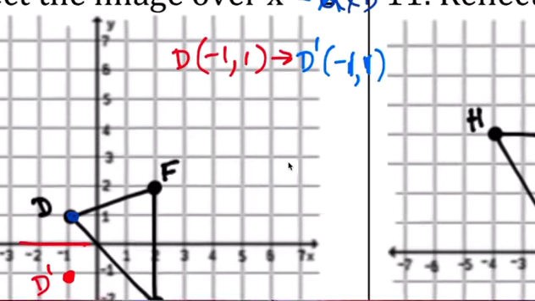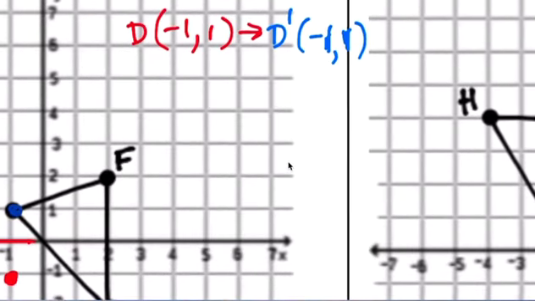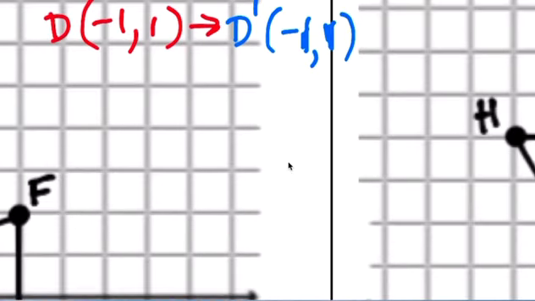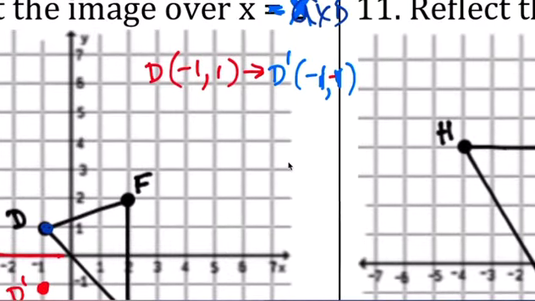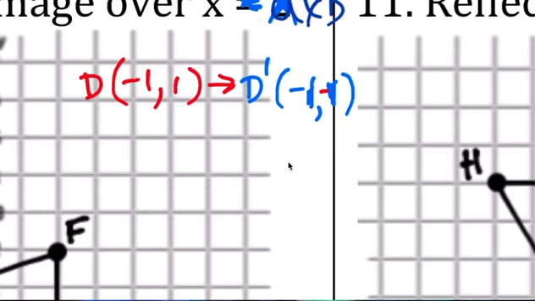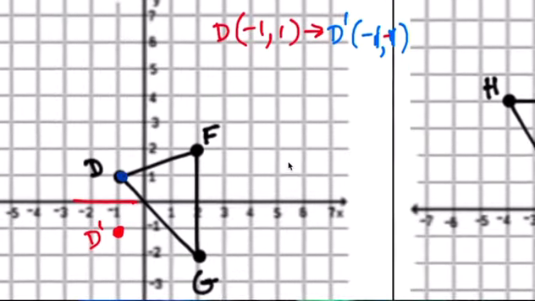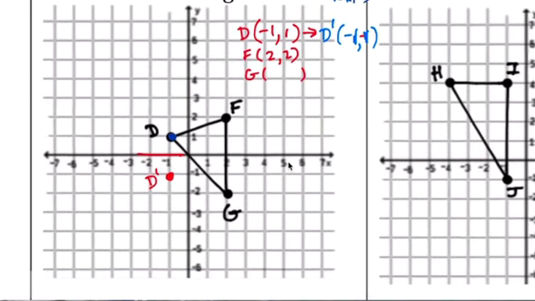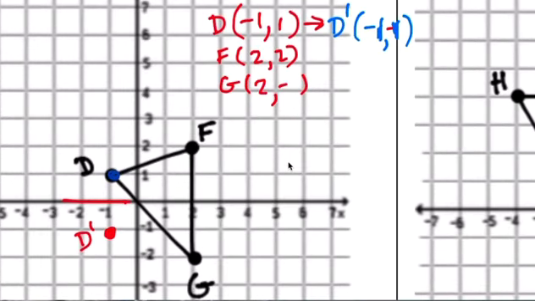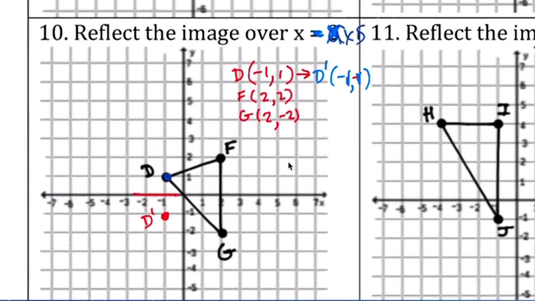So notice, that's a negative. Notice the x is the same and the y is its opposite. So let's write all the ordered pairs for F. It's 2, 2. G, it is 2, -2. So over the x-axis, x stays the same.